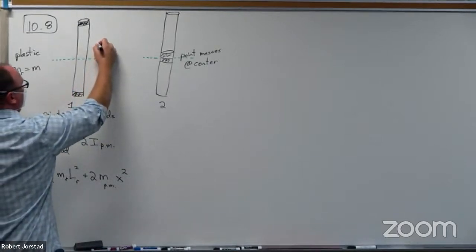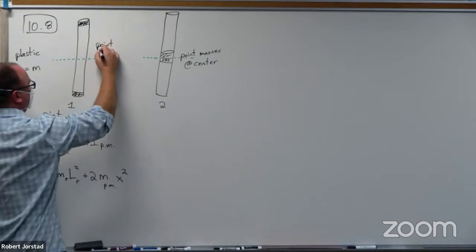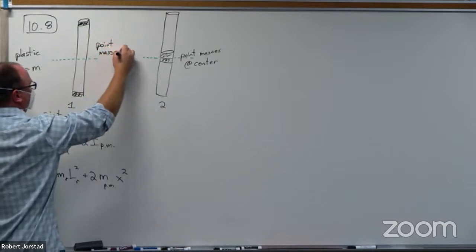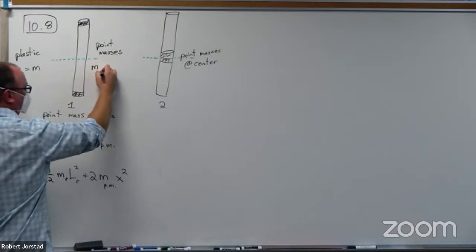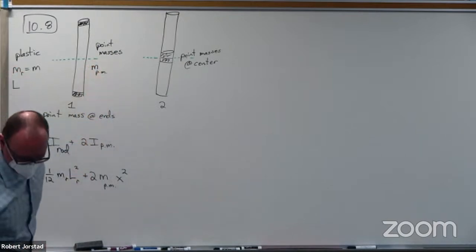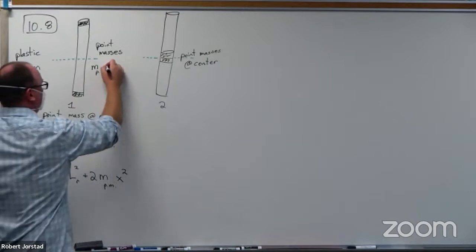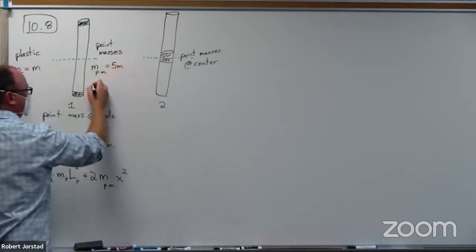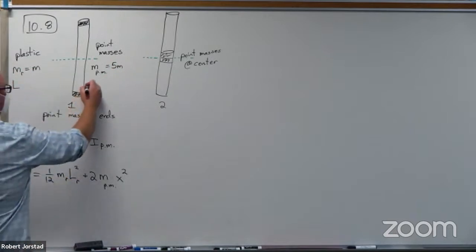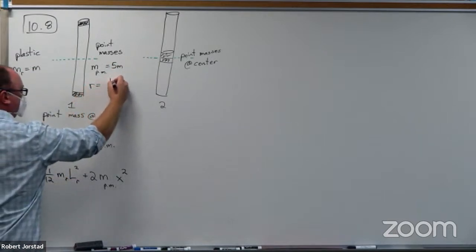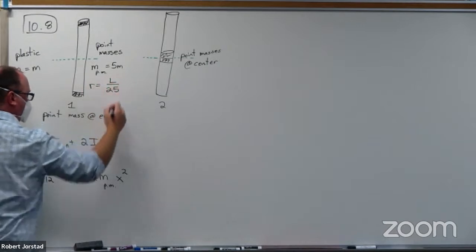The point masses, they have mass, what was it, 5m? All right. And their radius is the total length over 25.